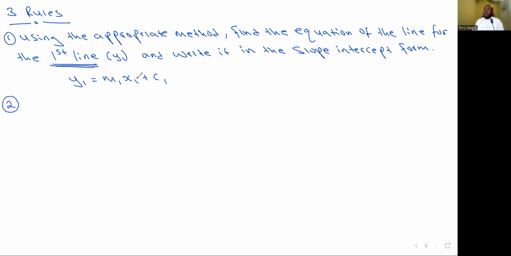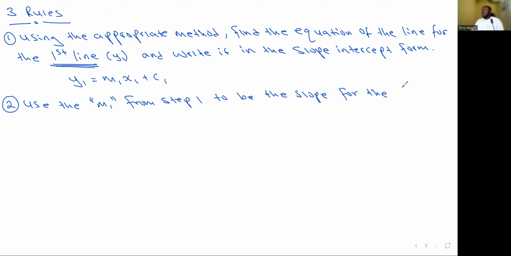Now, when you've done that, you've gotten the slope, the equation of the line, you then use the M1. So this M1 you got here from step one, you use the M1 from step one to be the slope for the second line, Y2.